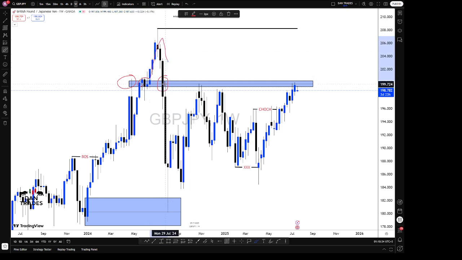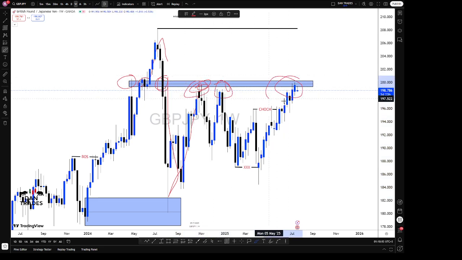But finally this support was broken, becoming resistance again. The market pushed to the demand and came back to retest this resistance area. So we have test number one, and test number two.